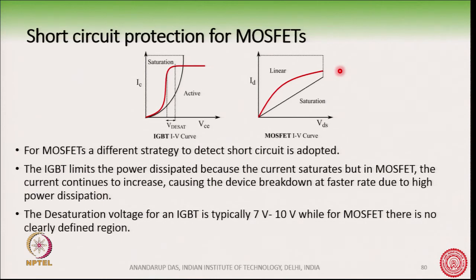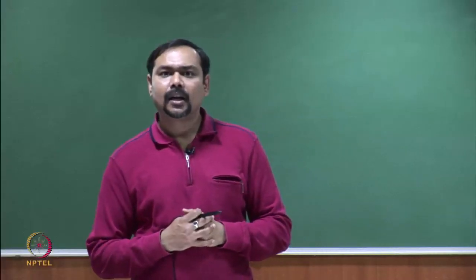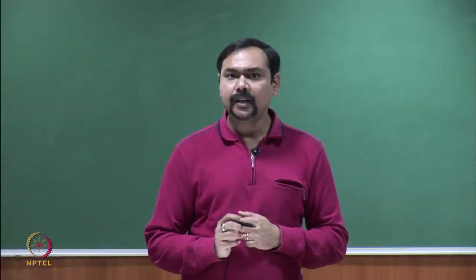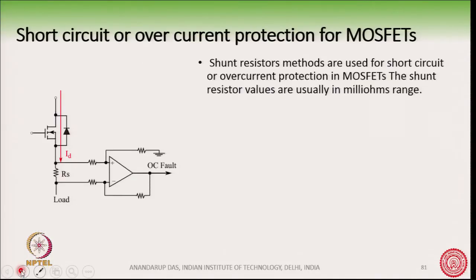The desaturation voltage of an IGBT is 7 to 10 volt, but in case of a MOSFET there is no clearly defined region where you monitor VDS and get the correct short circuit condition. So, for MOSFET the strategy of monitoring the VDS voltage does not work.